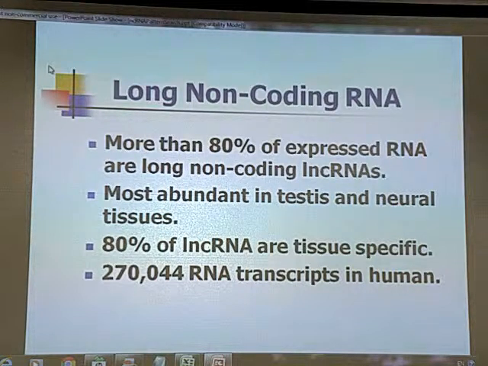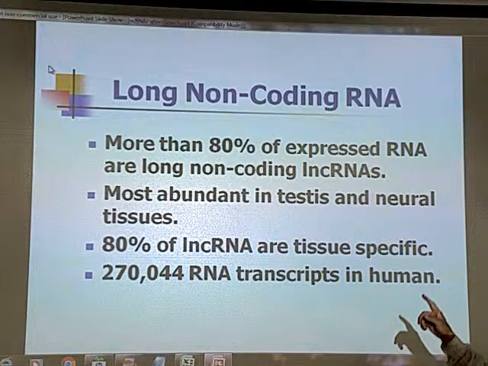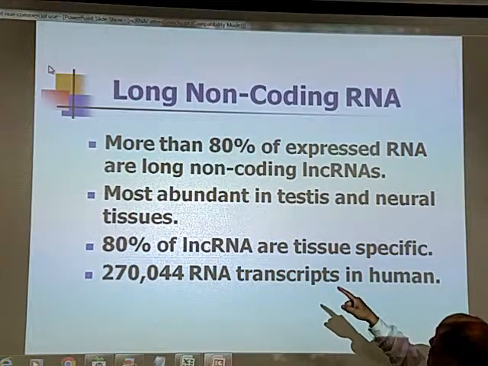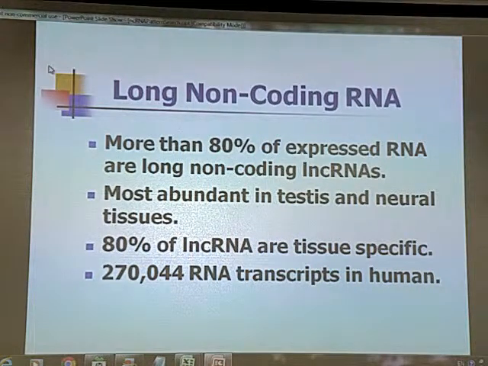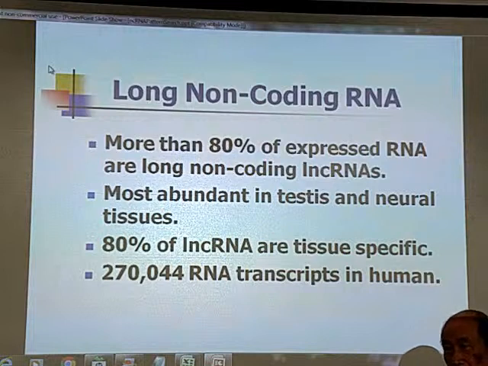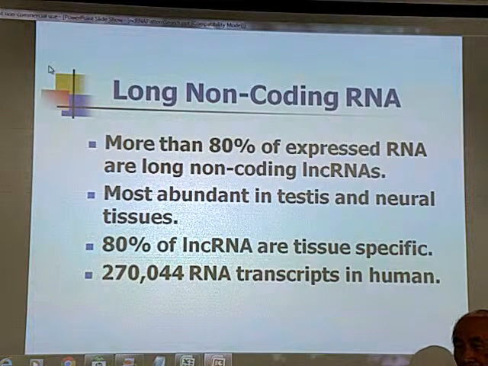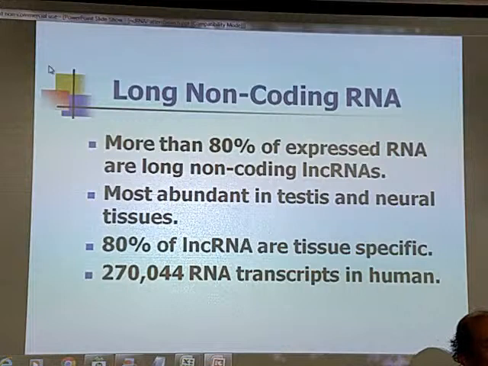Only less than 20% are coding or messenger RNAs. And interestingly, the long non-coding RNA is most abundant in testes and in neural tissues. That's why most of the long non-coding RNA are extracted from brain.